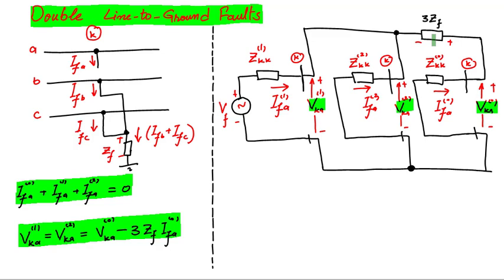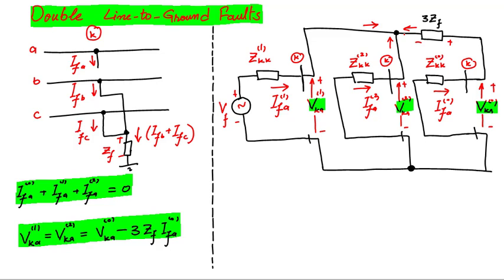Next, if we have the voltage fault in the system, ZF will become 0, then the 3 sequence components of the voltage at bus K will become equal, and these 3 circuits will be connected in parallel. Next is the sum of 3 sequence components is equal to 0. If we look at this node, from here we have the current IFA positive sequence, this is IFA negative sequence, and this current is IFA 0 sequence.